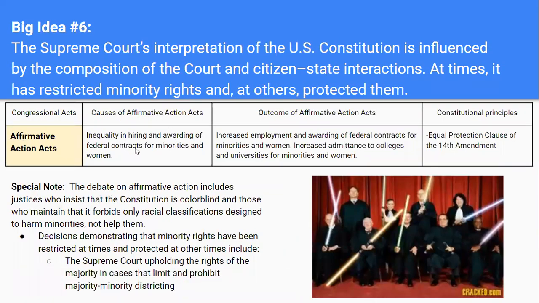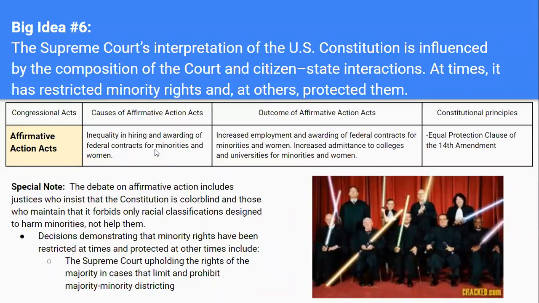All right. Affirmative action. So affirmative action, you definitely need to know what that is. Affirmative action is government programs designed to increase equality of opportunity for minorities. Okay, we have talked about the causes of affirmative action: inequality in hiring and awarding of federal contracts for minorities and women.